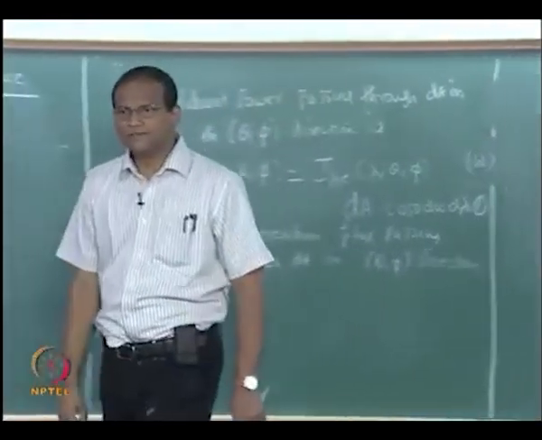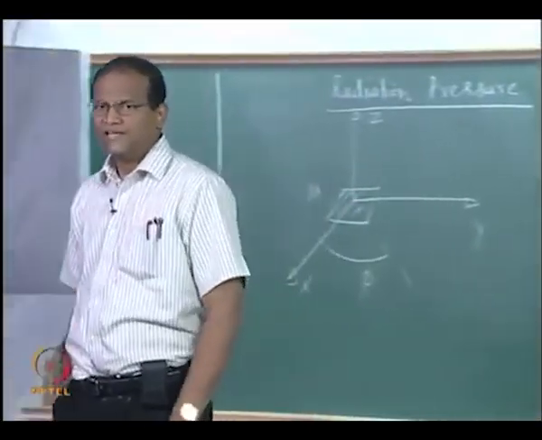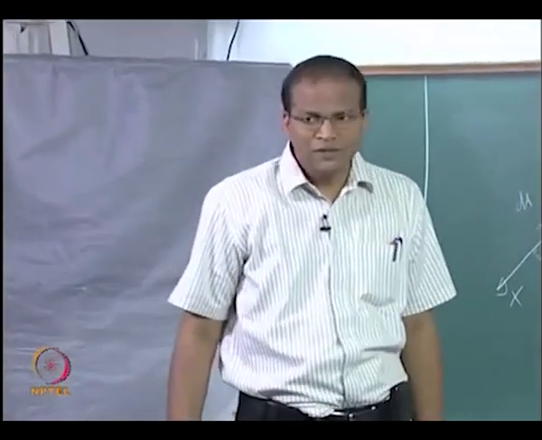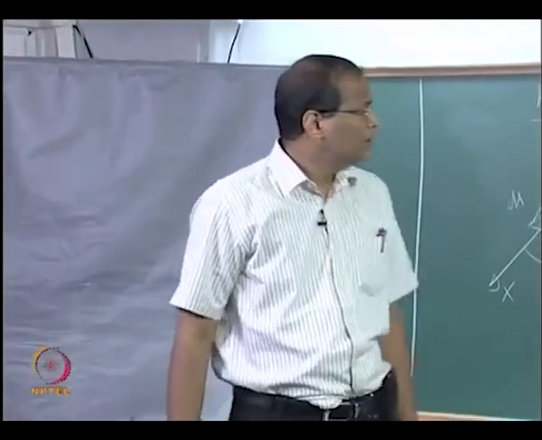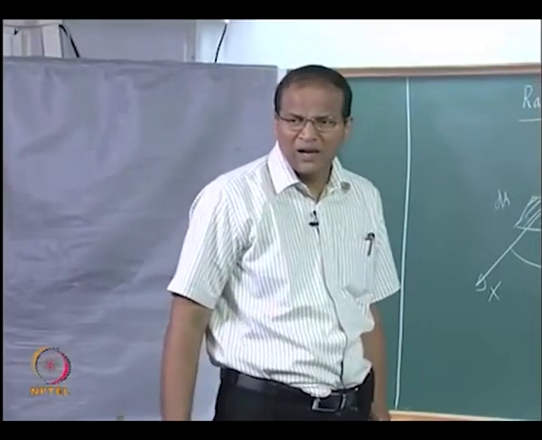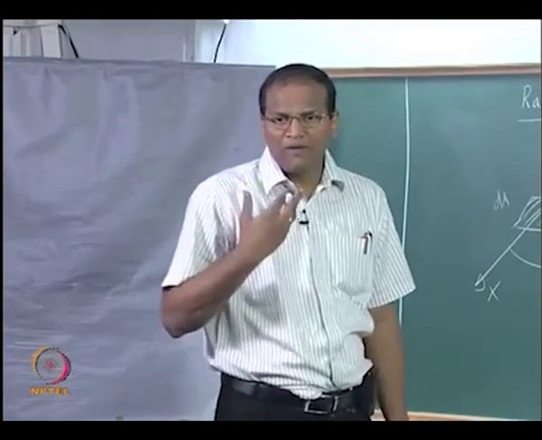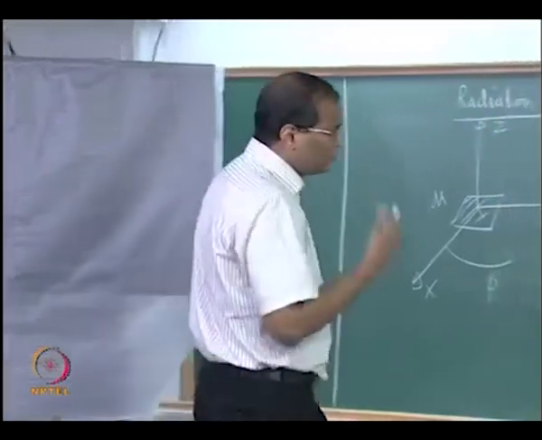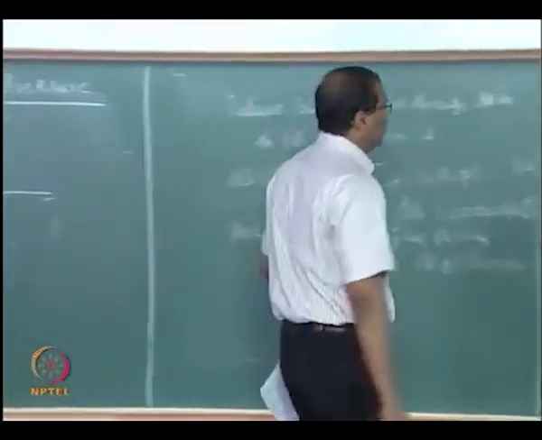What are the units of this? Area is dA, speed is the speed at which radiation propagates. What is the unit of this? Meter cube per second. I have a power in the Newton in the numerator. No, what will be the unit? Watt.